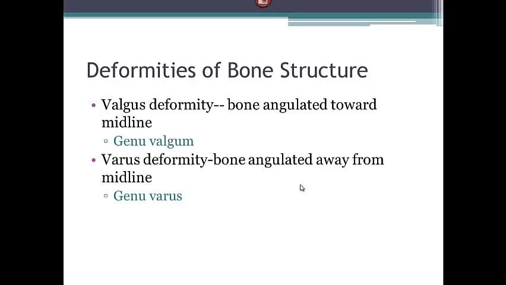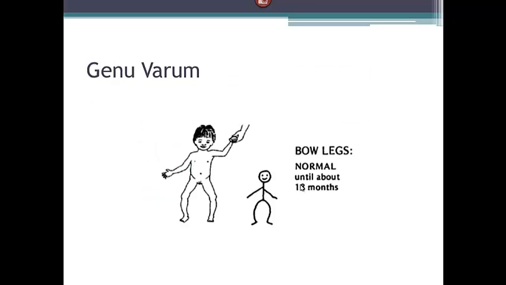Causes, again, even though it's a genetic condition, it could be due to malnutrition problems such as rickets, in this case also due to tumors, physical trauma, or infection. And the treatment is no more than surgery. You can use several orthopedic devices to try to correct the deformity, but the majority end up with surgical procedure.